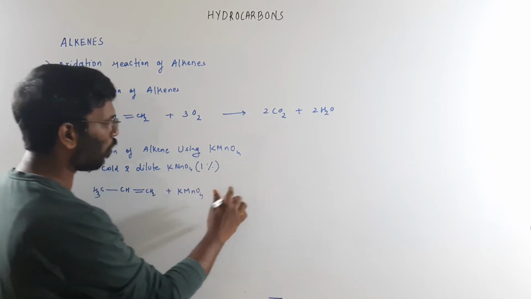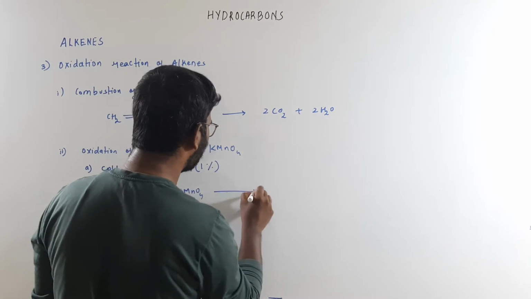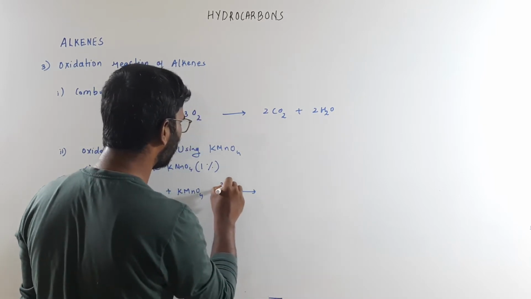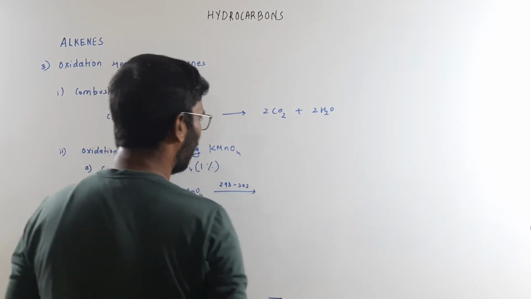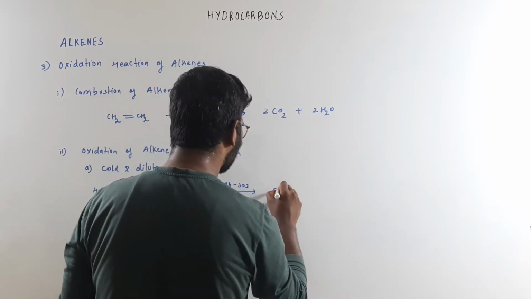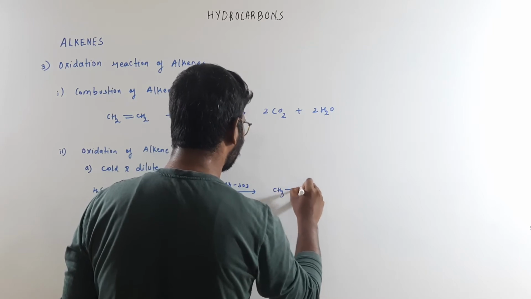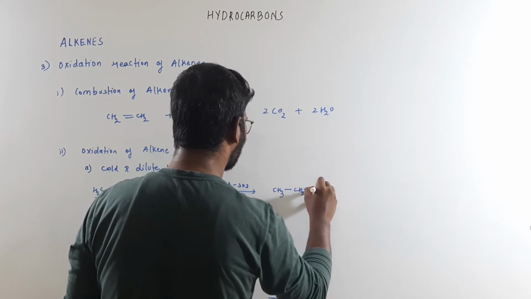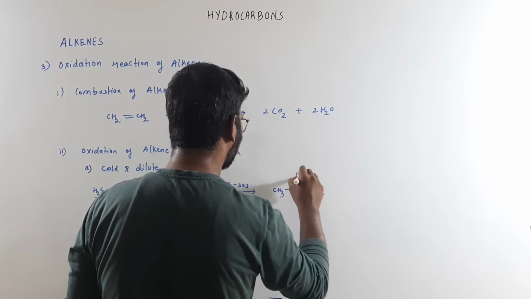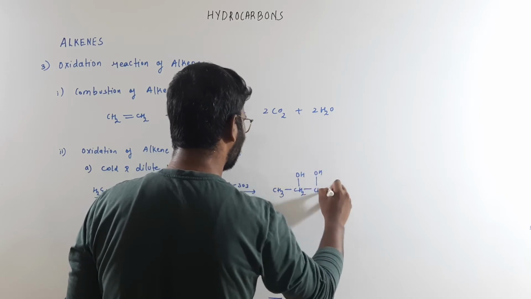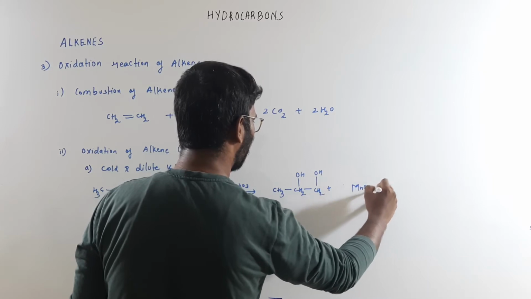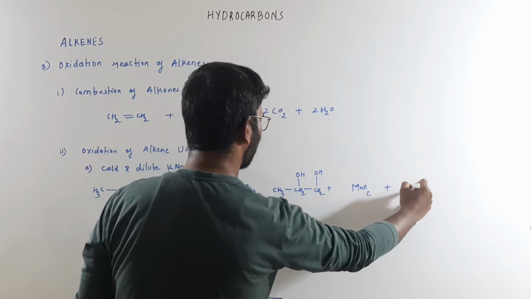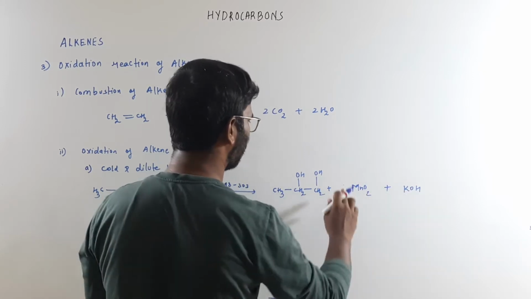The temperature conditions should be between 298 to 303 Kelvin, and what we get is CH2OH-CH2OH, then MnO2 plus potassium hydroxide.